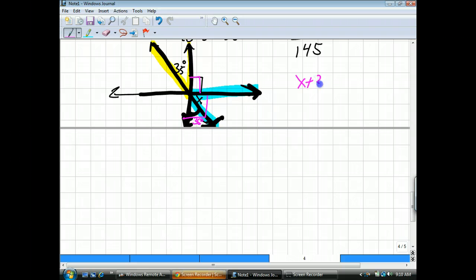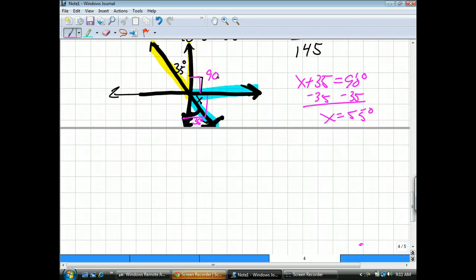So x plus 35 has to equal 90 degrees. So then subtract 35 from each side. So that's 55 degrees.